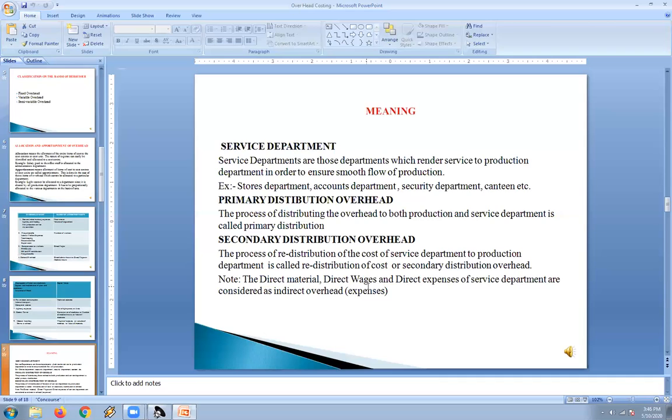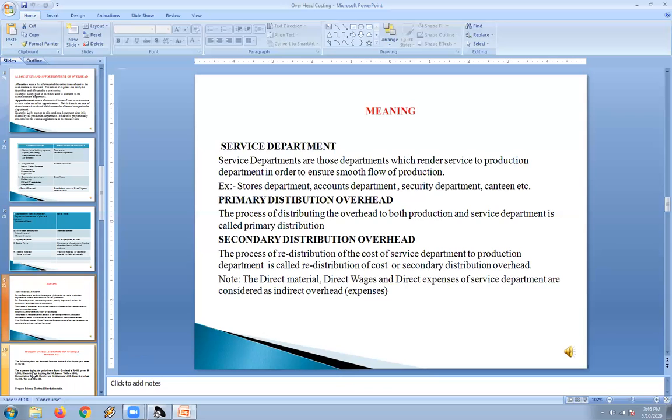It is called secondary distribution. Except direct material, direct wages and direct expenses, the service department costs will be considered as indirect expenses.